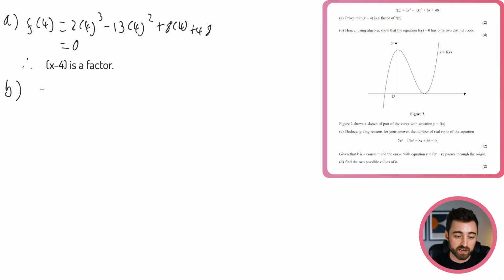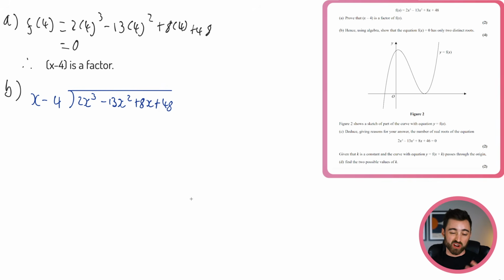So then we're going to get the other bit that's left, and it should be some quadratic. So x minus 4, and then the cubic, 2x cubed minus 13x squared plus 8x plus 48. Let's do the long division. I'm not going to go through super detail how to do this, but there are other videos for that if you need them.